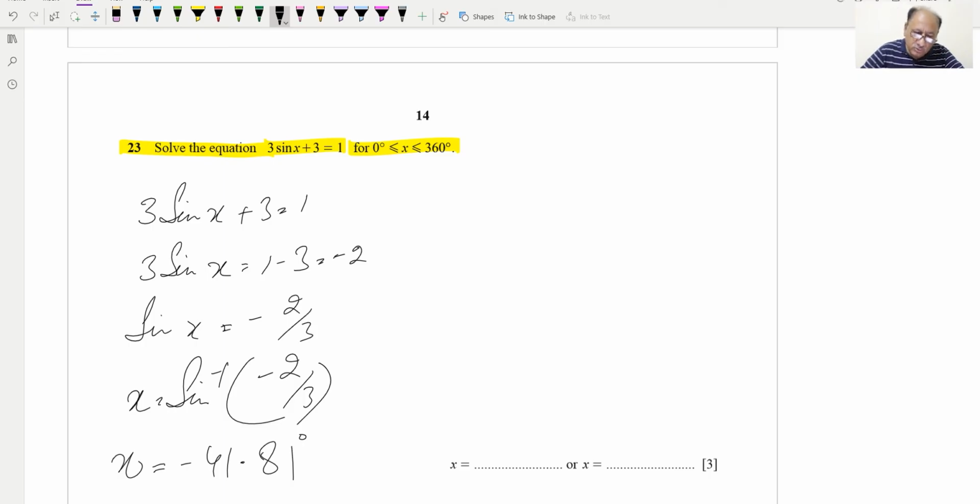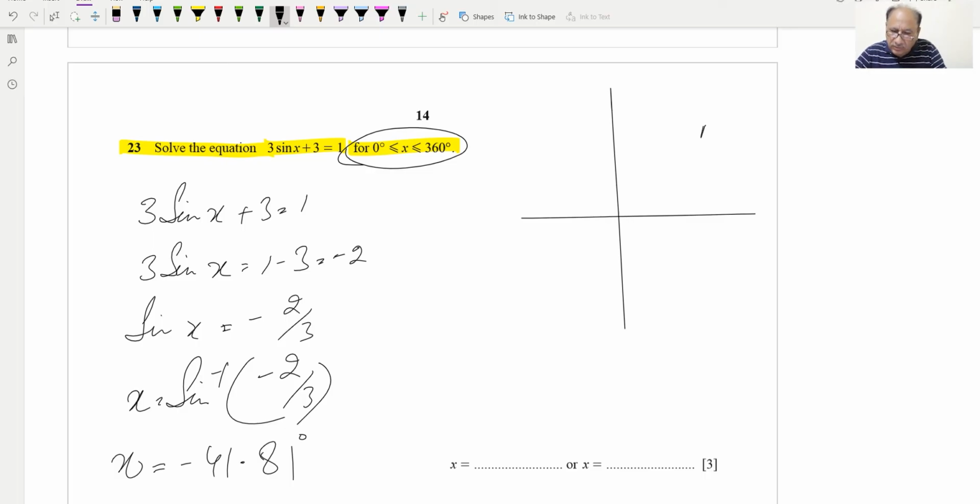Now we need to check the range. Given range is 0 to 360 degrees. We can draw the quadrants and check. Basically this will be the quadrants, and we know A, C, T, S. So sine is negative in the third and fourth quadrant.